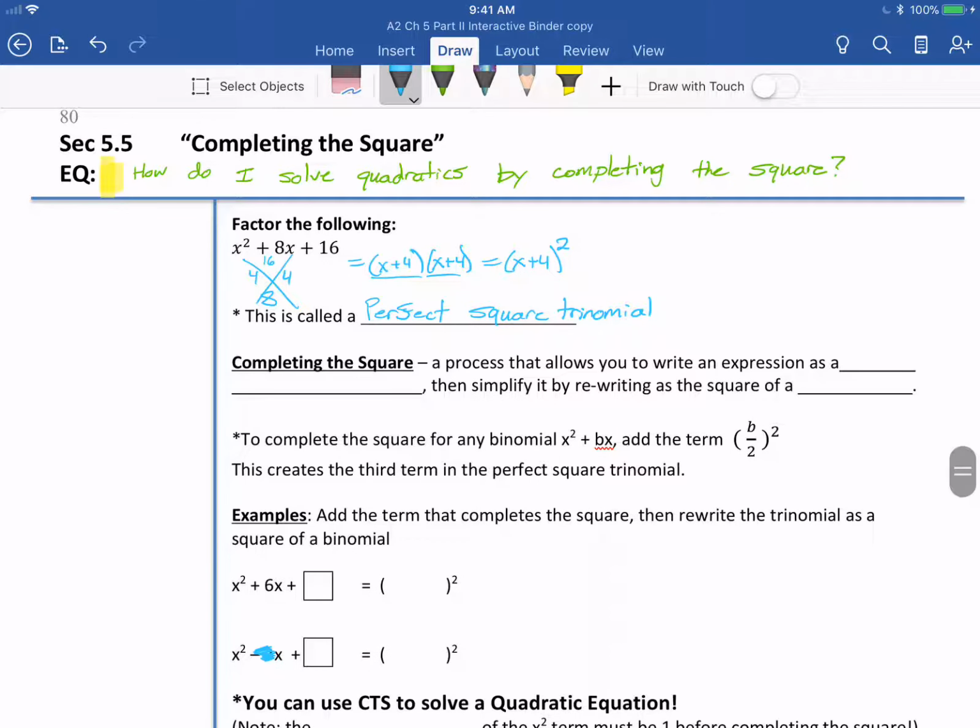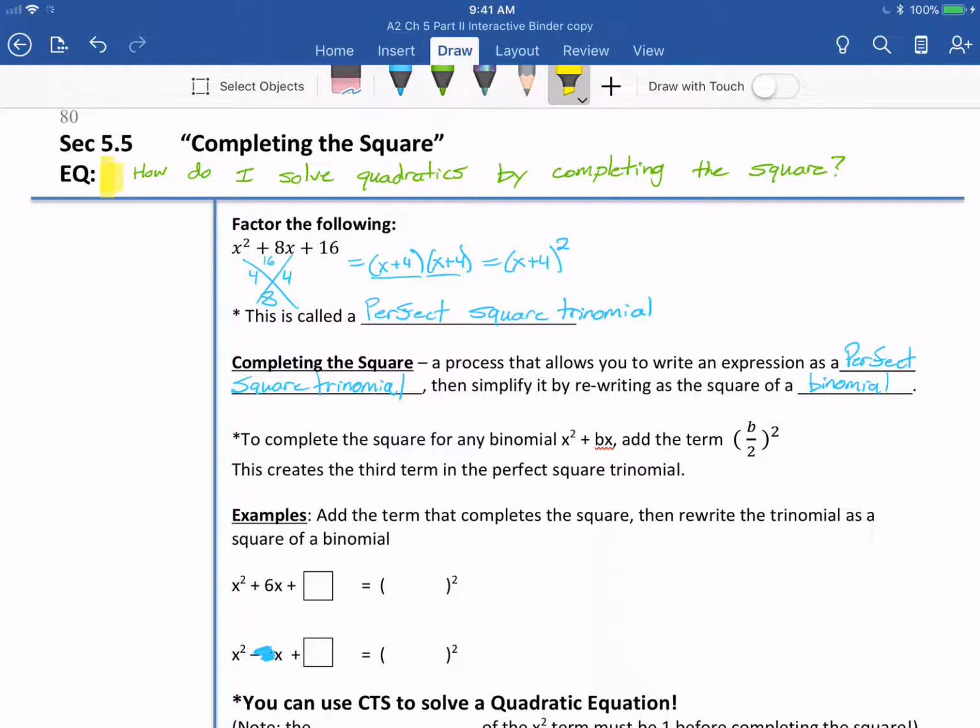Okay, so completing the square is a process that allows you to write an expression as a perfect square trinomial, then simplify it by rewriting as a square of a binomial. We're going to look at what all these words mean in a little bit.